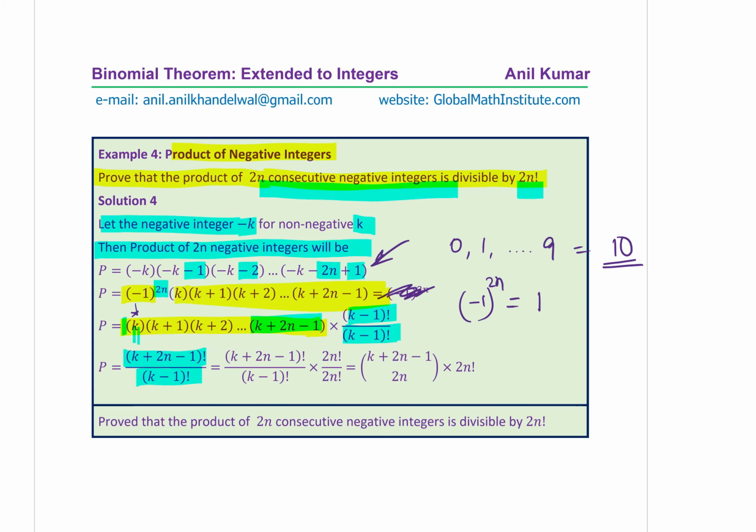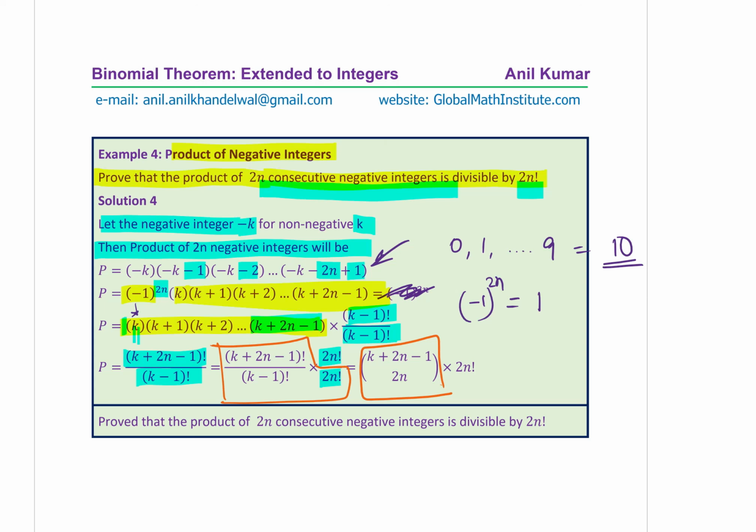Now, to get our result, what we did was we multiplied and divided by 2n factorial. Now, when you do that, you can rearrange, taking away 2n on the side, this term, which we're talking about, is this term: k plus 2n minus 1, choose 2n, correct?